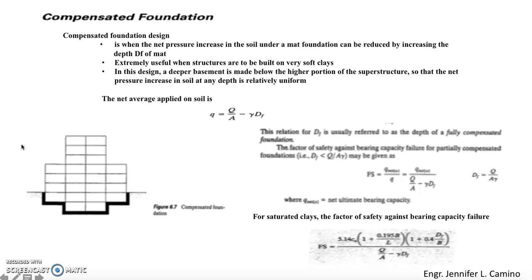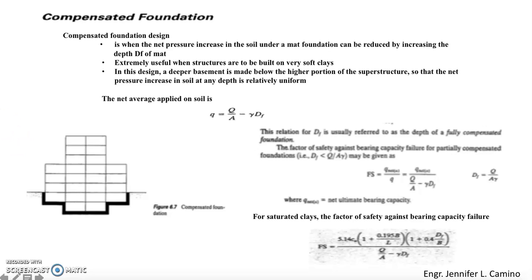So if you're going to have a compensated foundation, it is used to support heavily loaded structures resting on soft and low permeable soil, and it aids in the reduction in settlement due to the lowering of the stress transferred to the underlying soil. So basically, it is also used to support heavily loaded structures constructed on soft, weak bearing capacity soil.